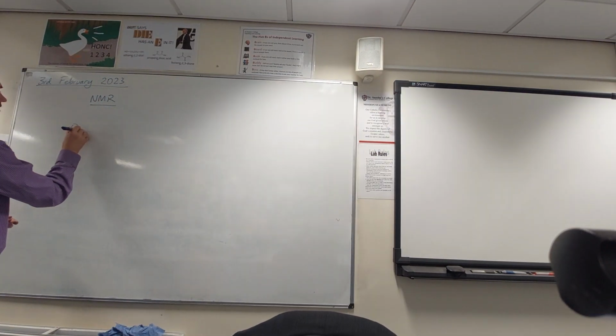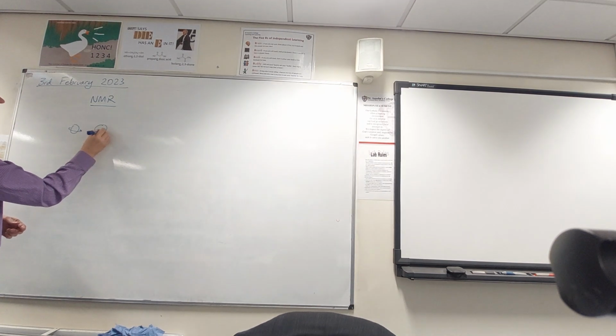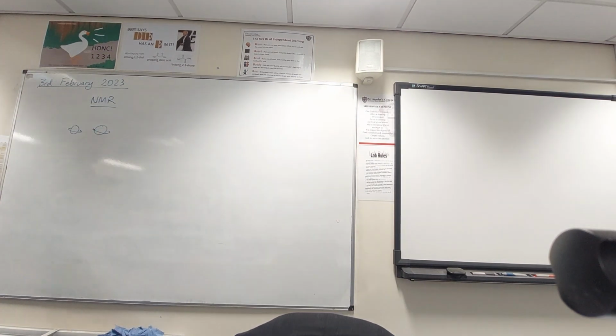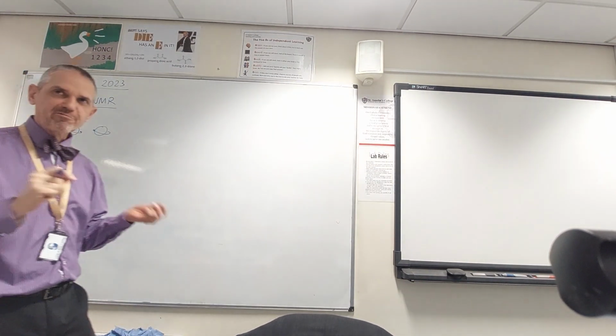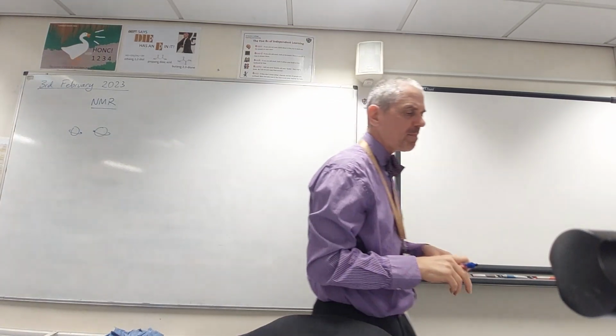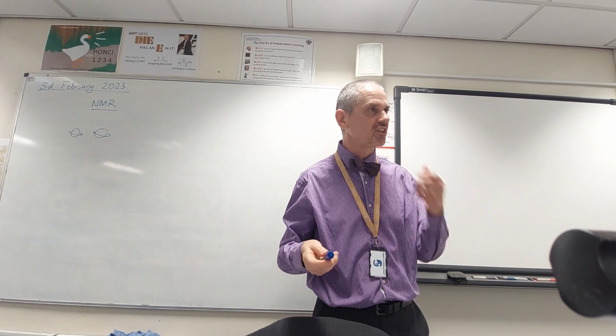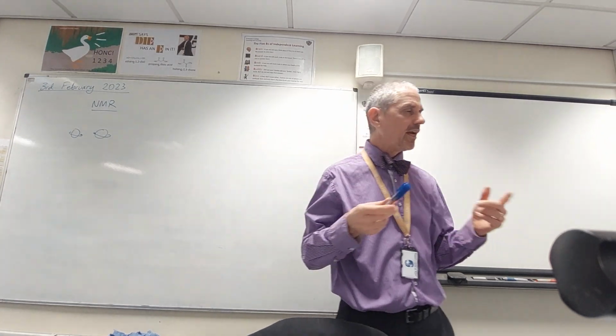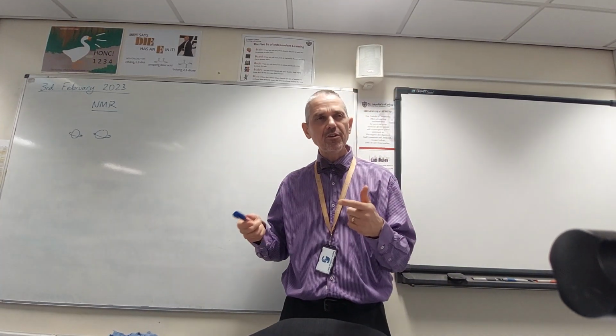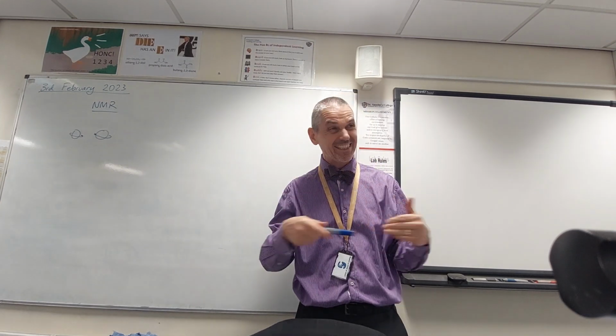This idea of spin: particles can spin in different directions, opposite spin. All nuclear particles can do this, all protons and neutrons. If you've got an even number of nuclear particles, then the spin will cancel out.